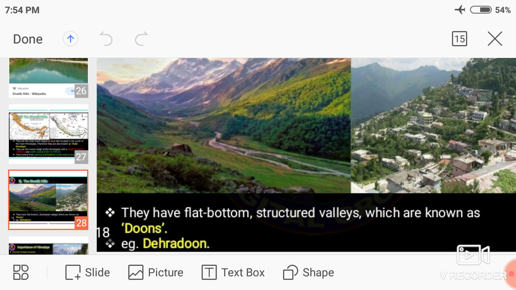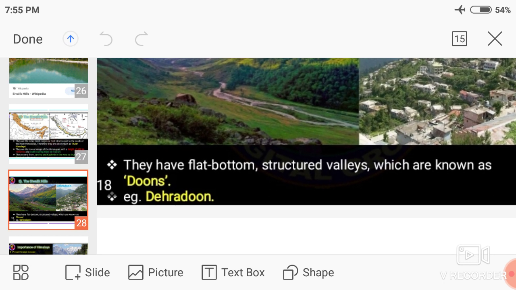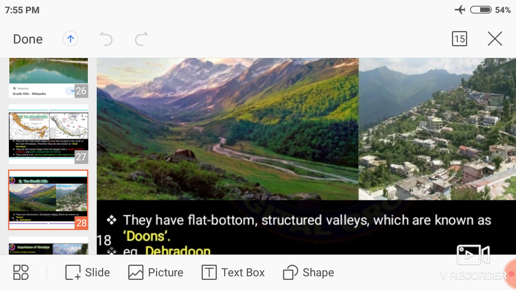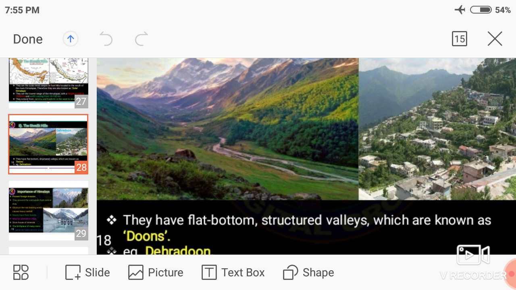What are Duns? Duns are flat-bottomed structural valleys. For example, Dehradun is the best example of the Duns. These are the Shivalik Hills.